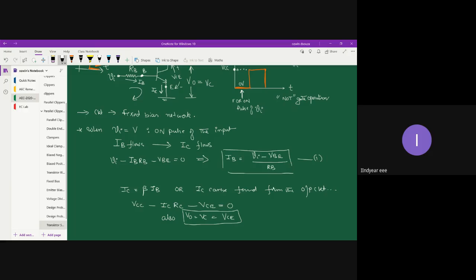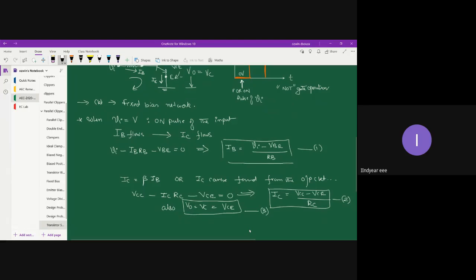Now, between collector and ground terminal, you are going to trace out the collector to emitter voltage, because the emitter is already held at ground potential, right? So output voltage is nothing but VCE. Say this is your equation 2. Further, you can modify this equation to get the value of IC. So IC is VCC minus VCE divided by RC. Let me take this as equation 2 and this as equation 3, where VCE is nothing but the output voltage.